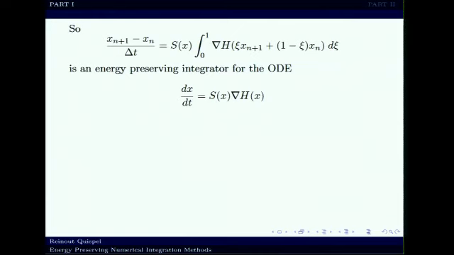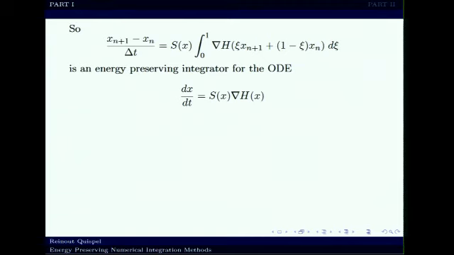All right. Well, so what? Okay, so it turns out that this particular discrete gradient has some nice properties. And in particular, if we now restrict, and from now on in this talk I will restrict, you don't have to, but for the purpose of this talk I will restrict to the case that this skew-symmetric matrix S is constant.